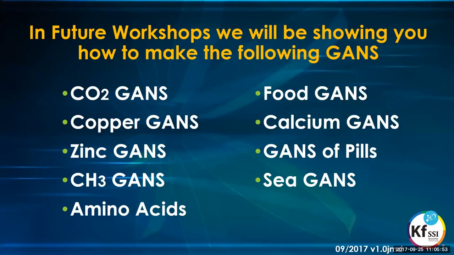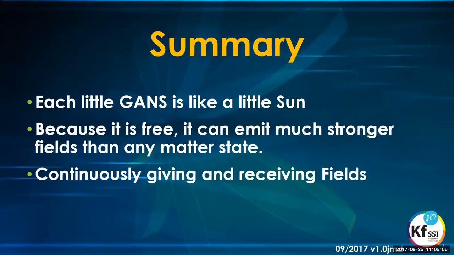So the summary of what the GaNS is: if we view them as tiny little suns, tiny little round magnets constantly radiating, and because it's free, it's a tiny little entity all on its own. It's emitting a much stronger field than when it was attached to the matter state, and is continuously giving and receiving fields.